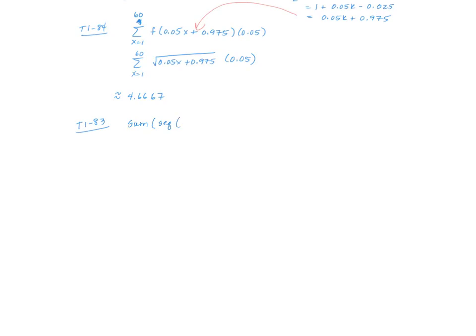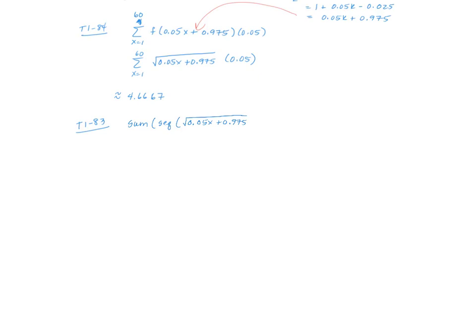So that's telling your calculator to sum or to add the following sequence. And your sequence will be your function, which is the square root of 0.05x plus 0.975, right?